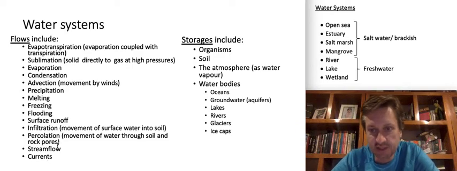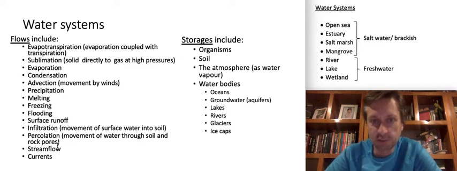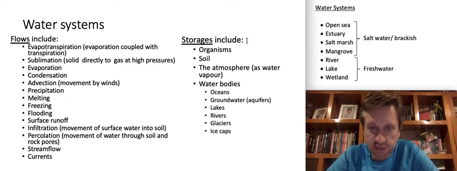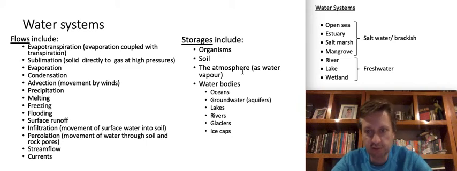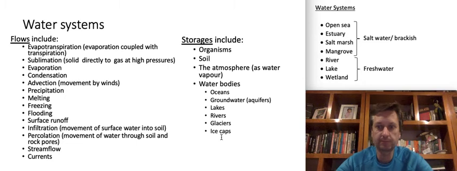We'll go into that in detail in the water cycle, so I don't want to labour the point. And storages in the system in terms of water, well, water is stored inside organisms, inside soil, inside the atmosphere, and as water bodies, which we've already mentioned.